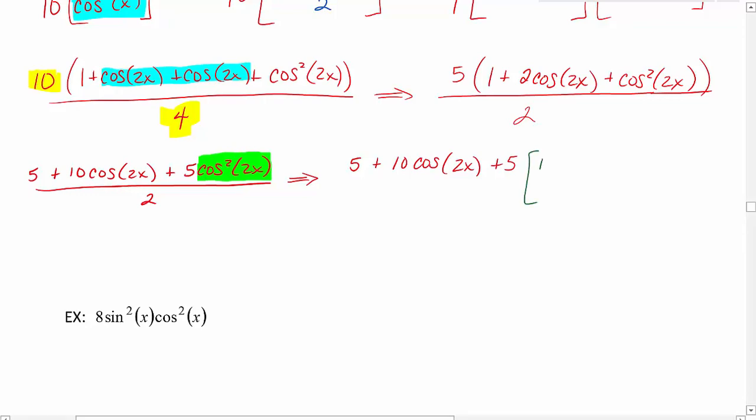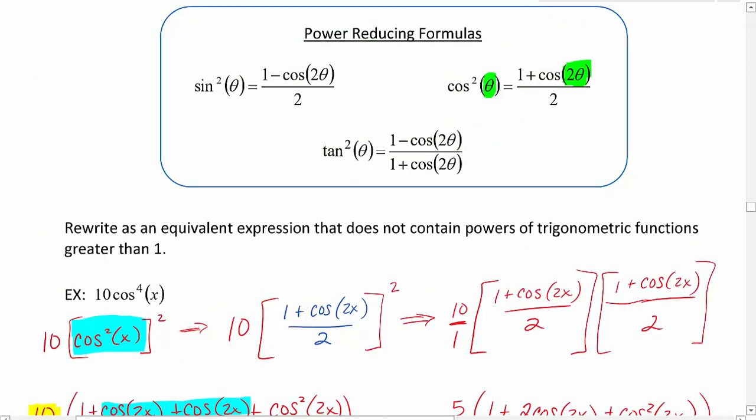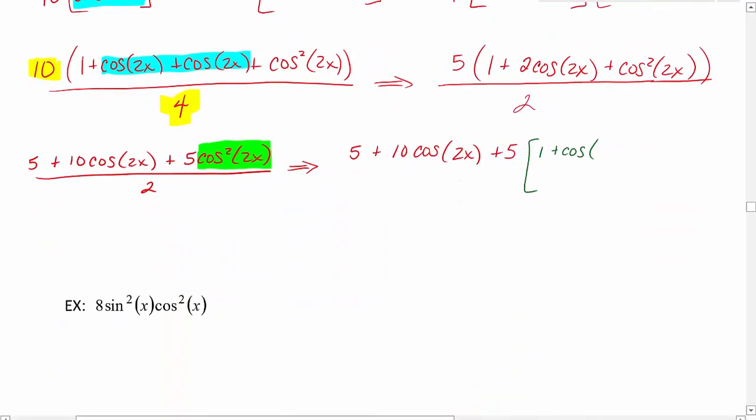That's 1 plus cosine of, our formula, remember, we're going from theta to 2 theta, so that means we're going from 2x to 4x here, over 2, and then all that's still over 2.